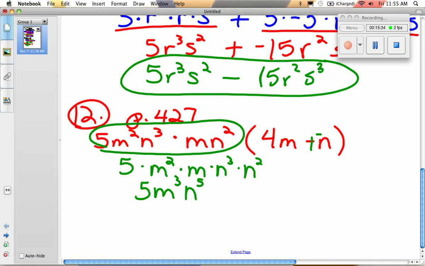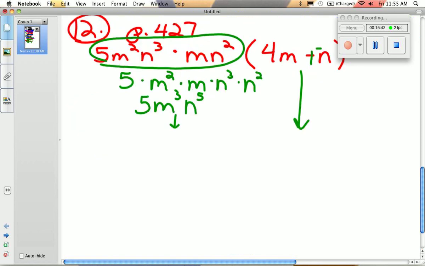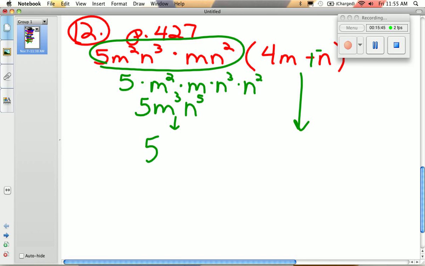Okay, so now what we're going to do is we're going to say, okay, this needs to come down, this needs to come down, and we're going to write that problem, now that we've done that first multiplication, as 5m cubed n to the fifth, times 4m plus negative n.